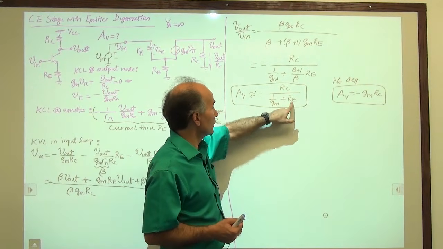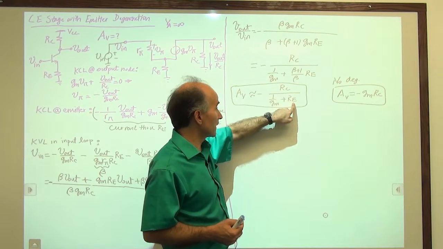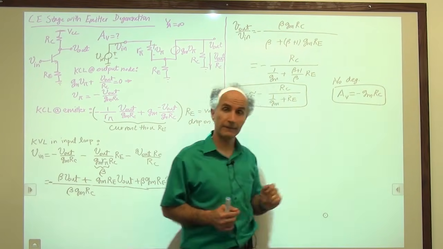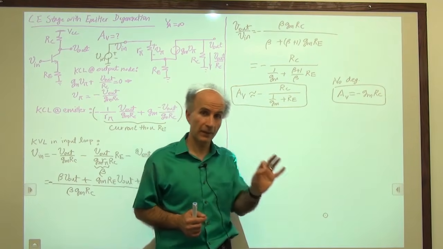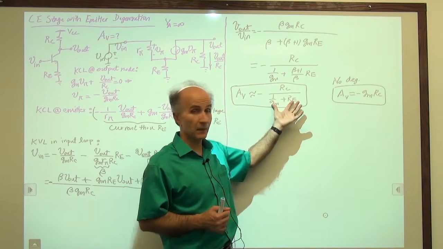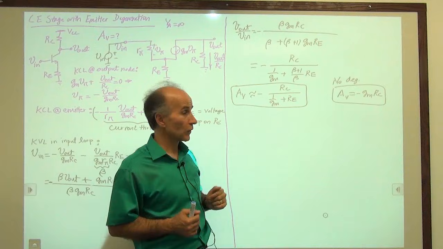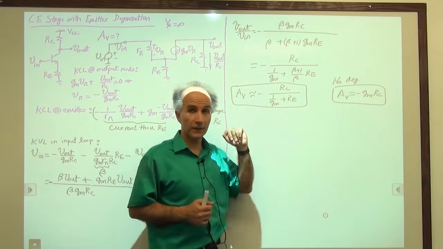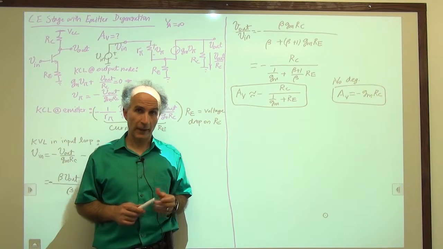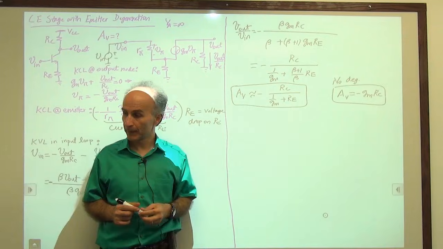So because the resistors tend to go in the same direction, if this RC goes up and this RE goes up, this result doesn't go up as much as what we had here. So in terms of process variability, also this result is less sensitive than this result. So there are also some interesting effects that the common emitter stage with degeneration gives us that we did not have in the case of the simple common emitter stage.